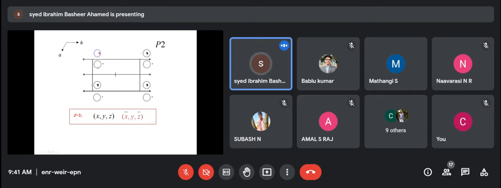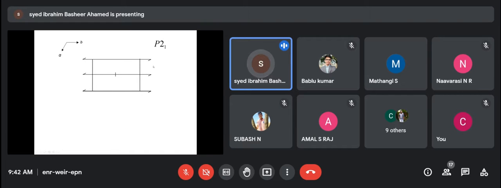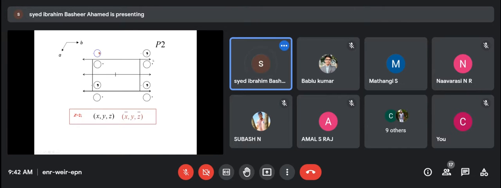So the number of molecules in the asymmetric unit will be Z equal to 2. You can see there are 2 molecules, this and this, and they are equivalent. Now we saw the P21 space group. Initially, in the P2 space group you have a 2-fold rotation, right?